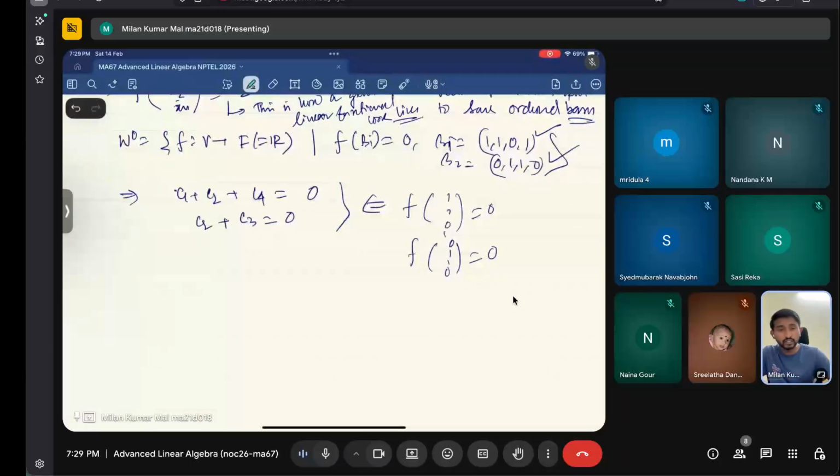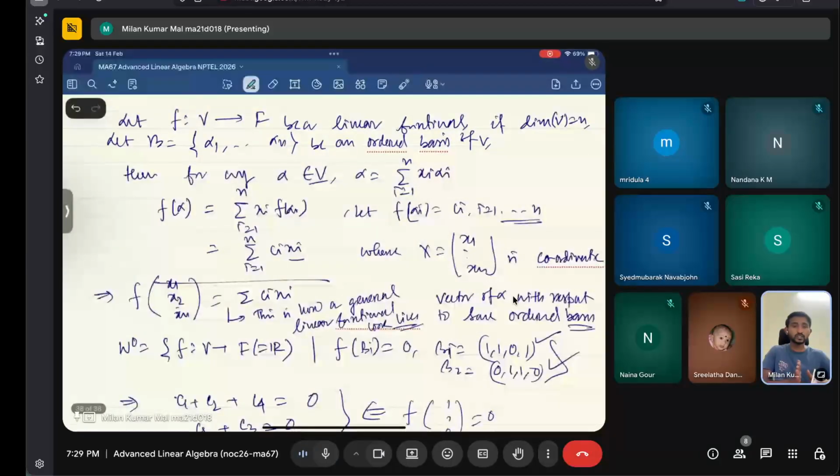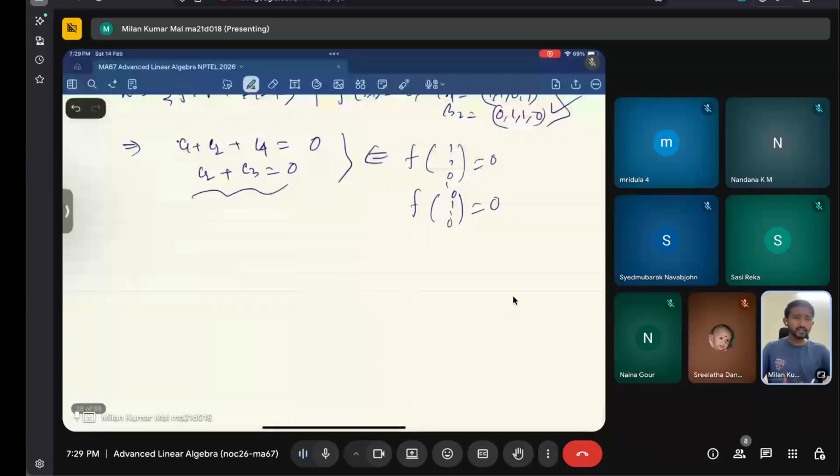Now if I can solve this for c1, c2, then whatever the possibilities of this solution, they will provide you a linear functional, because whatever the choice of the set of ci, c1 through cn, they will give you a new linear functional. So whatever the linear functional will be, it should satisfy these two conditions: c1 plus c2 plus c4 equals 0 and c2 plus c3 equals 0, where c1, c2, c3, c4 are the coefficients of x1, x2, x3, x4.